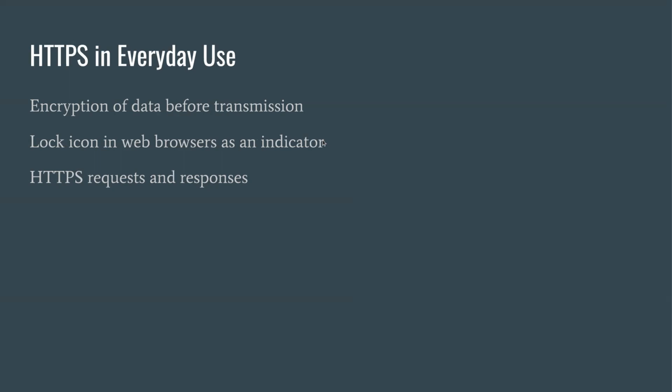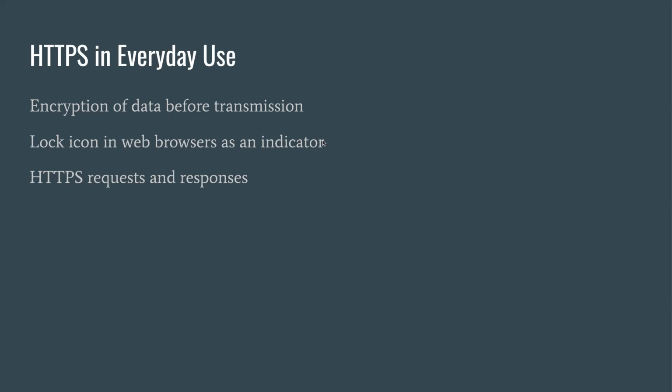HTTPS in everyday use. In HTTPS, basically, before data is sent, information is encrypted into a code that only the receiving computer can decipher. This is why you often see a lock icon beside the URL in your web browser.